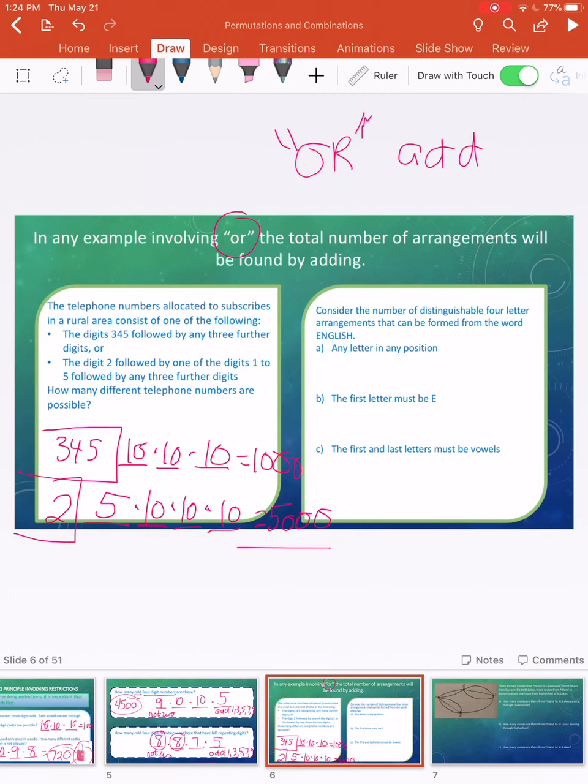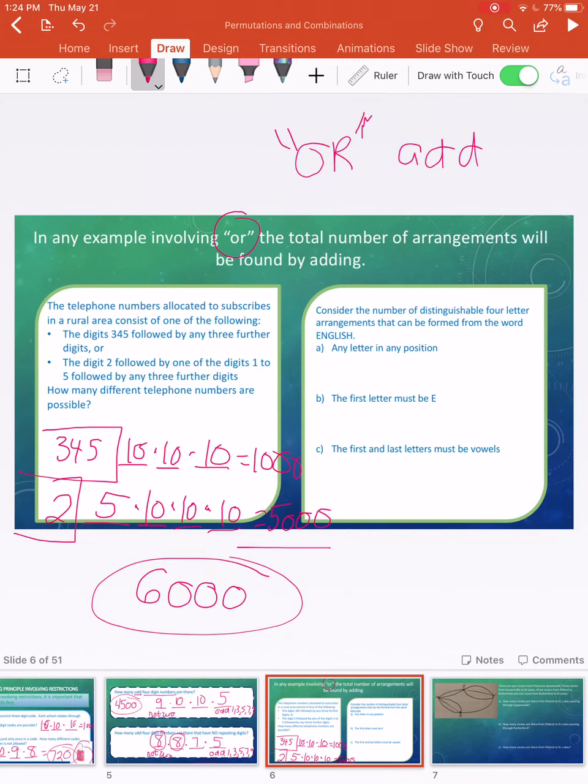If I add those together, 1,000 plus 5,000, I end up with 6,000 total options. Okay, so that's where the addition comes in, because we either have option 1 or option 2. So we're using that or word, and when we can use that in these types of problems, we will add instead of multiplying.